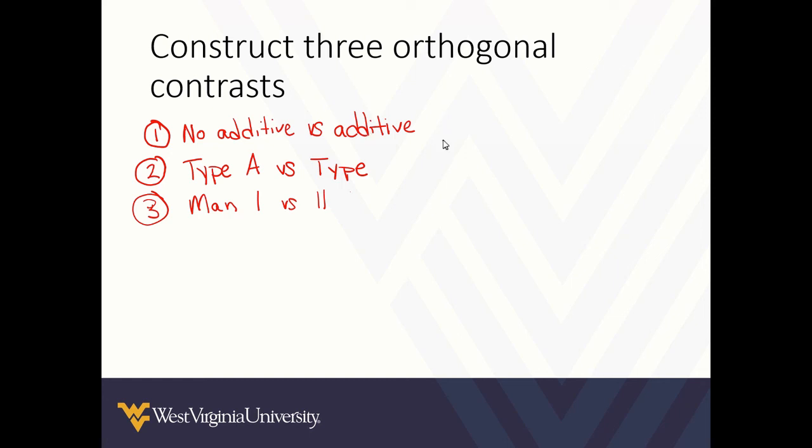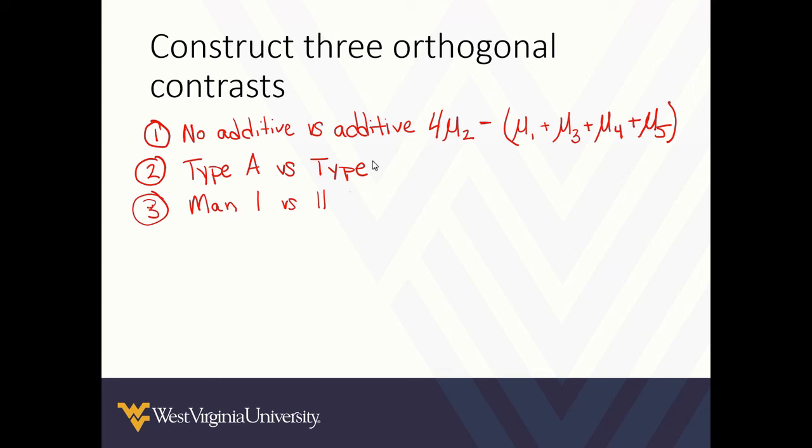The no additive, that was mu2, and we would want to compare that to mu1, mu3, mu4, and mu5. And to make that a contrast, we've got 1, 2, 3, 4. So 4 mu2 minus mu1 minus mu3 minus mu4 minus mu5.